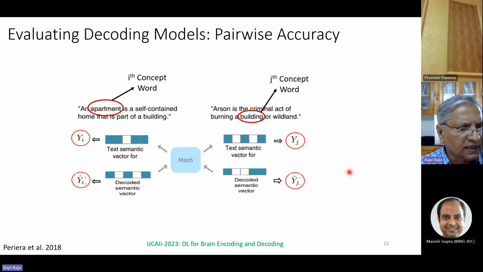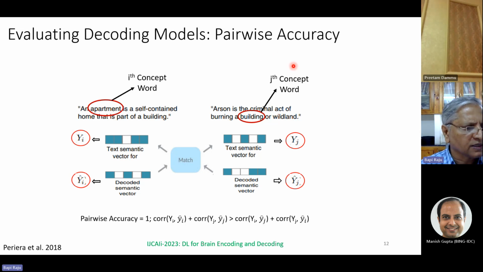Then we say that the decoder is able to distinguish these concepts, and these cross representations are further away compared to the within-concept predictions. This is averaged over all the test instances for a participant to give a pairwise accuracy score.